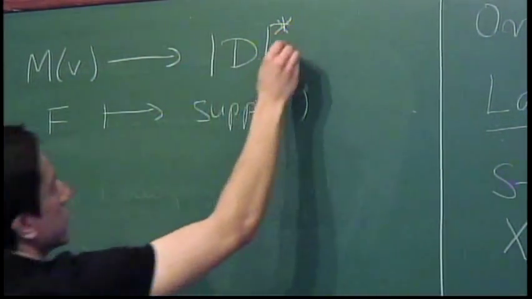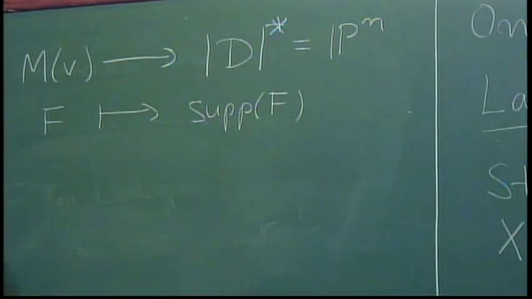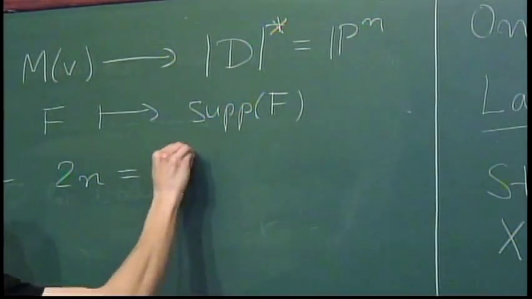Again, this is a P^n, where 2n is D squared plus 2.